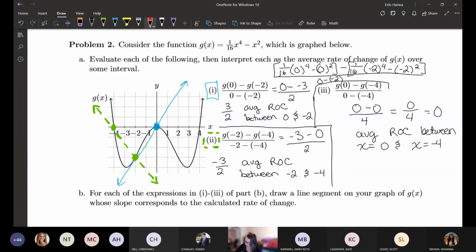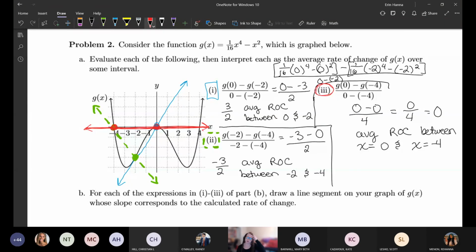And then I don't know how to change up the line again, so I'll just have to do a straight line again. And then between 0 and -4, we have a straight horizontal line, which is why it makes sense that it has a slope of 0, because straight horizontal lines have a slope of 0.